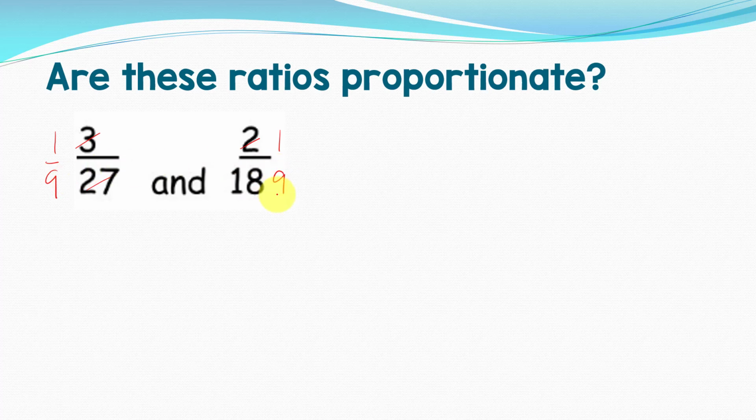So these both reduce to 1/9. That's one way to do it, but I could also say 3 times 18 equals how much, and 2 times 27 equals how much. So let's check that out. 3 times 18 is 54, and 2 times 27 would also be 54. So we can say yes, that those are proportional.